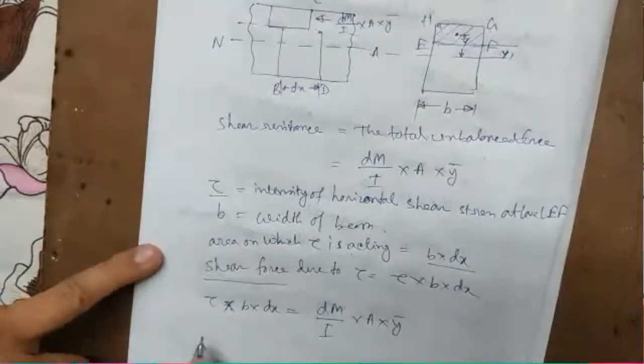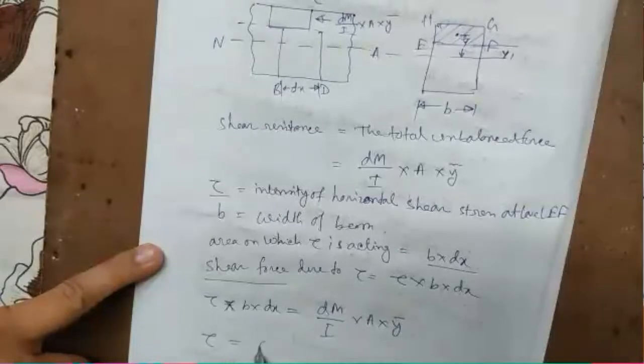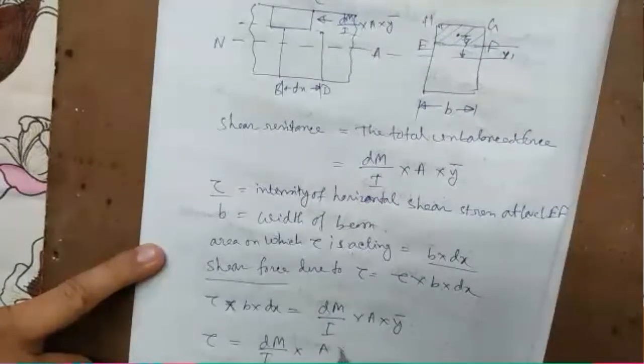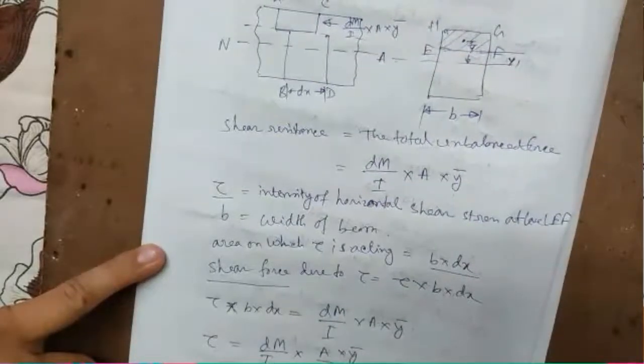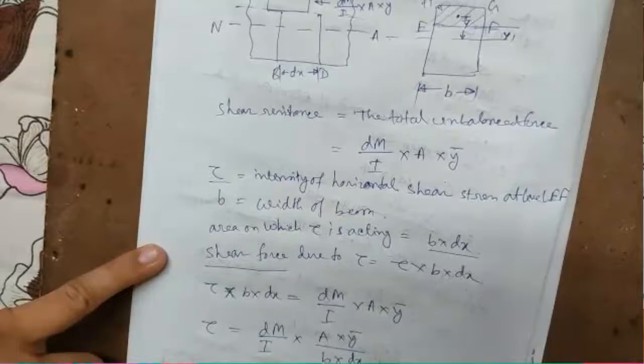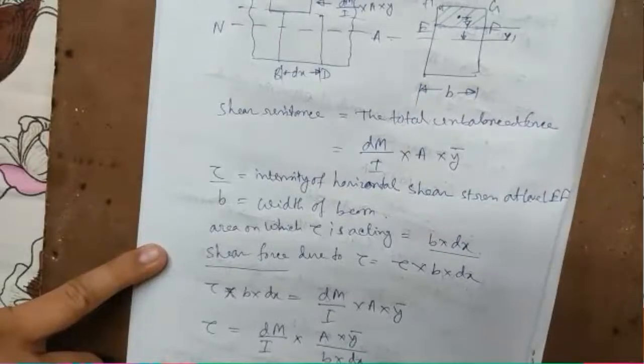So from here we get tau equal to dM by I into A into y bar by b into dx. Now we just change it: dM by dx into A y bar by I into b.